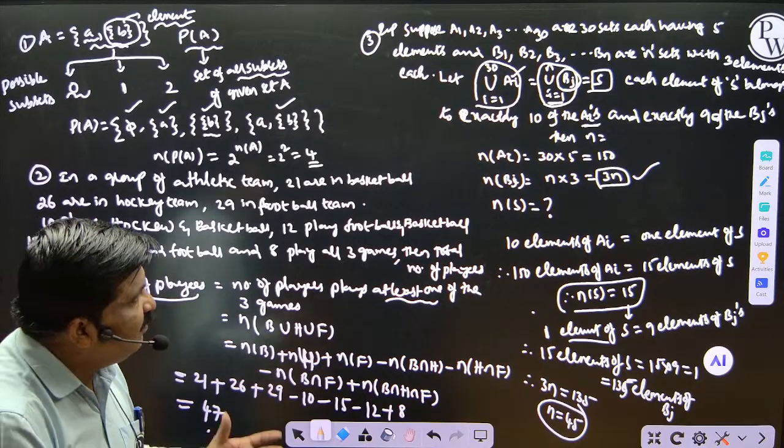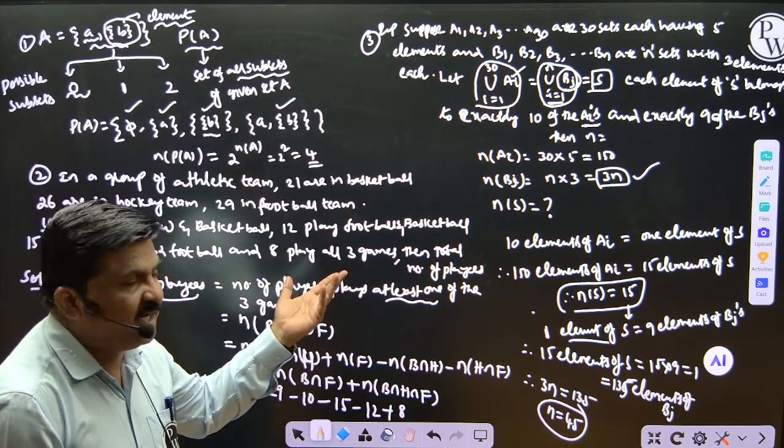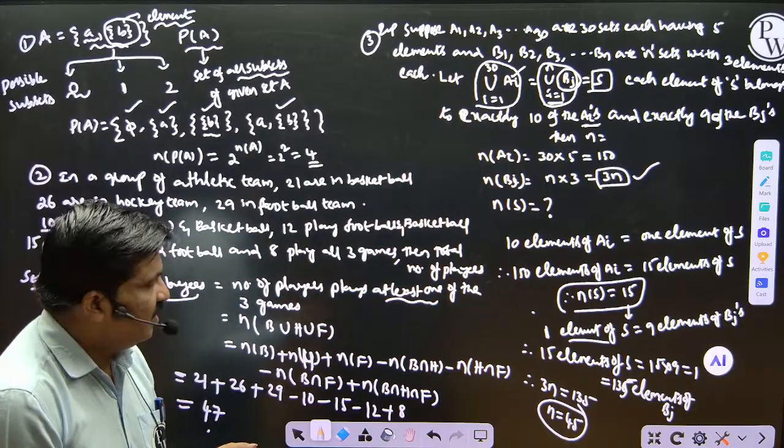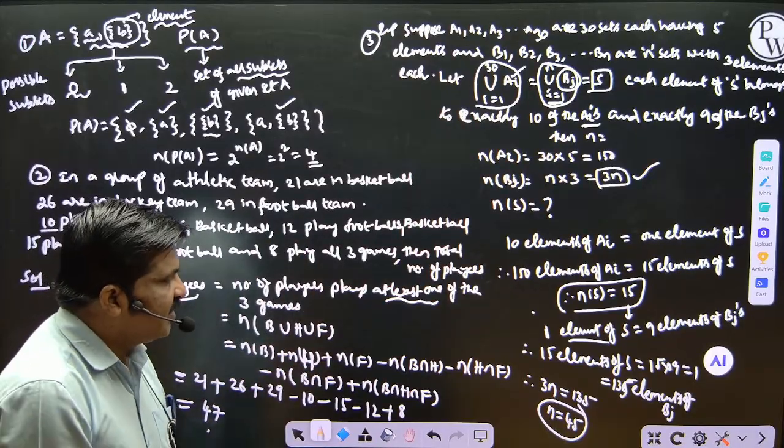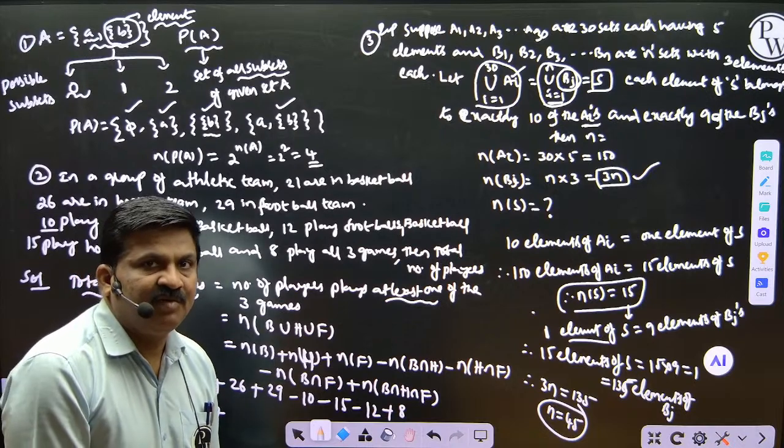But actually the Bj's have 3n elements according to the given condition. Then 3n is equal to 135, so n is equal to 45.